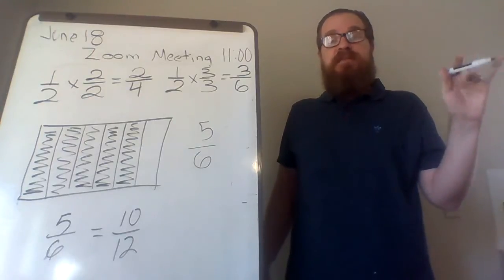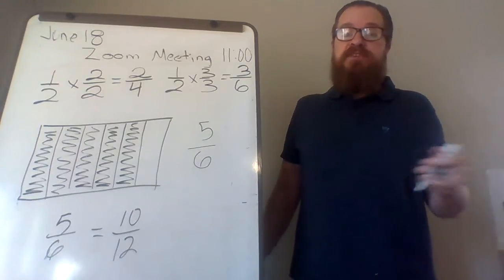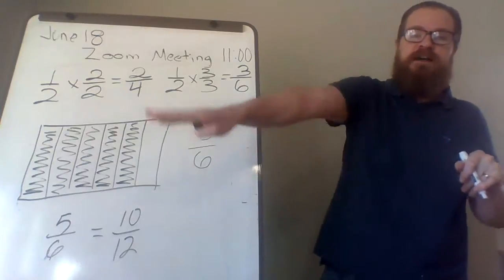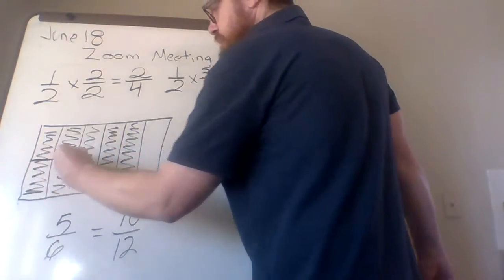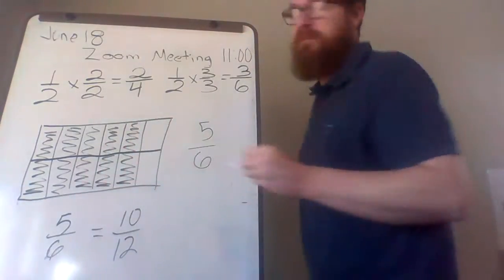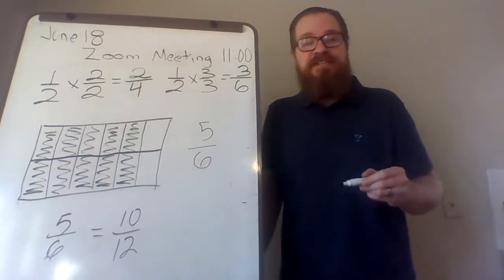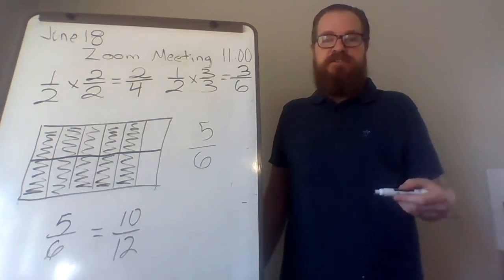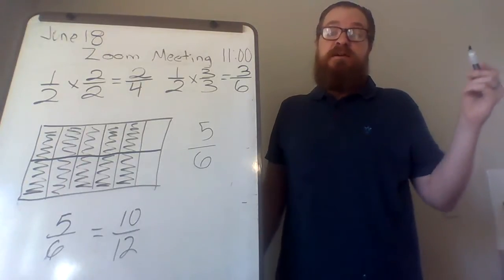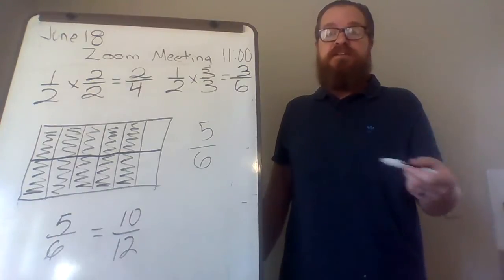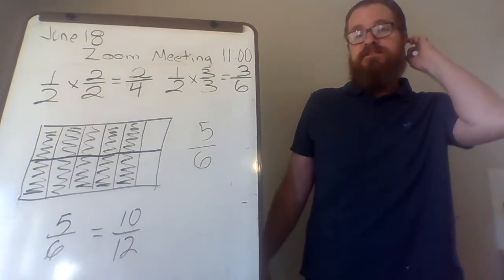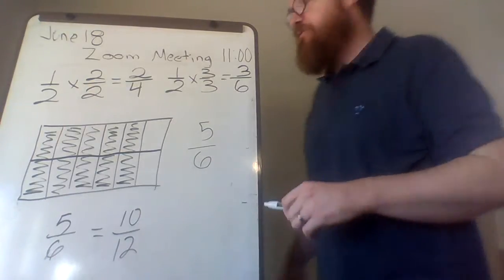Now, if I split this whole thing in half horizontally, I have changed the number of sections. So that changes my denominator because there's more sections here, and it's also going to change my numerator because there will be more sections that are shaded in. So let's see our fraction here.